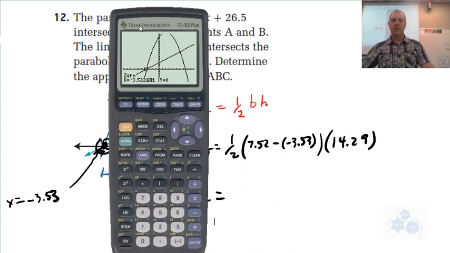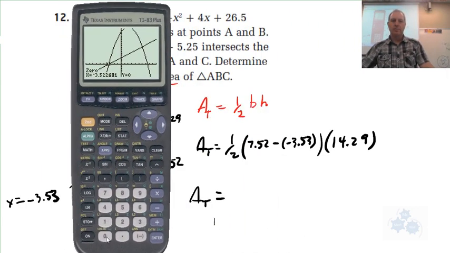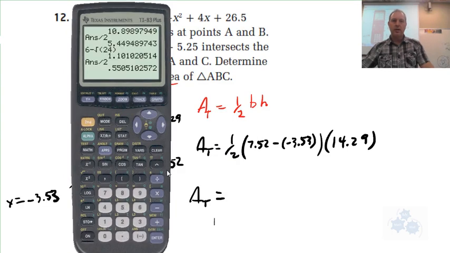So 0.5 times 7.52 plus, really, 3.53. Should have some brackets in there.